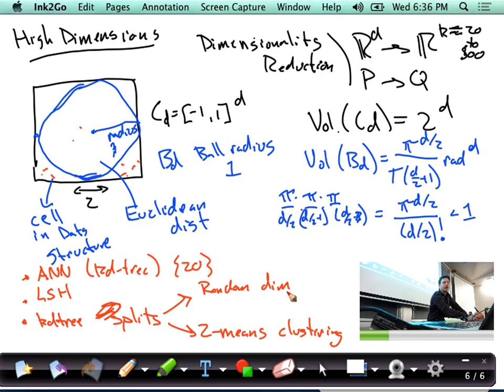So these simple ideas of a random direction or doing a 2-means clustering to split allow the KD tree approach to work up to like several hundred dimensions. The LSH doesn't matter what the dimension is really, except for the runtime it takes to read all the dimensions. But this can work up to usually several hundred dimensions by changing how you do the split a little bit.